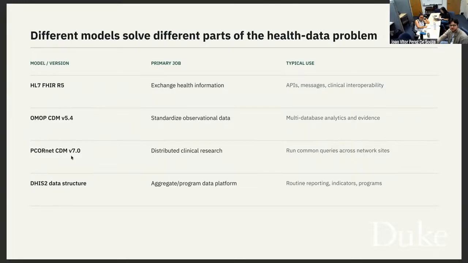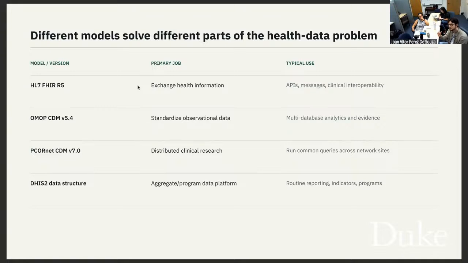These are a list of famous common data models, and they focus on different challenges and try to solve different problems. This first one is what we call FHIR. It's used in electronic health record systems to exchange health information.